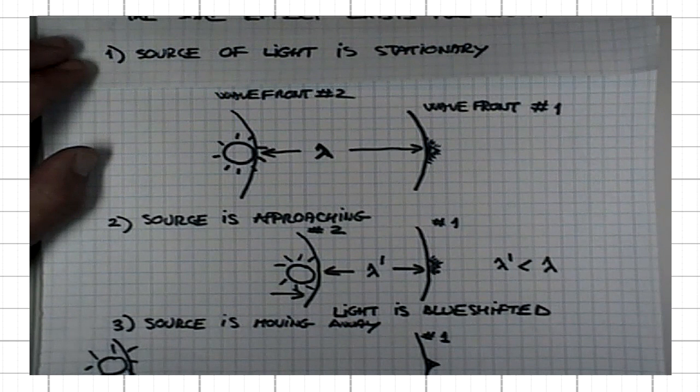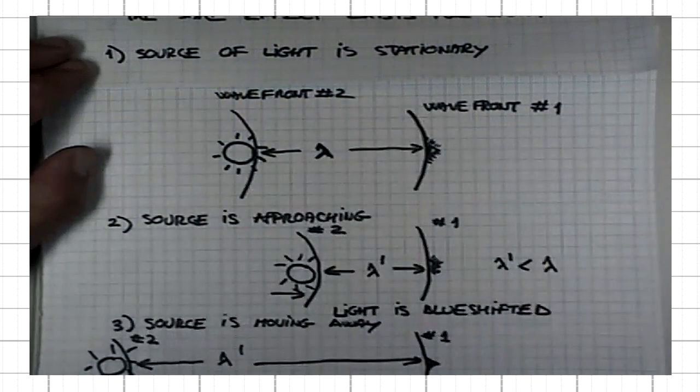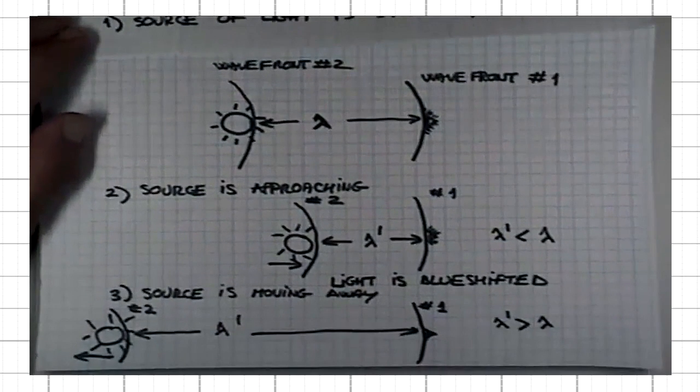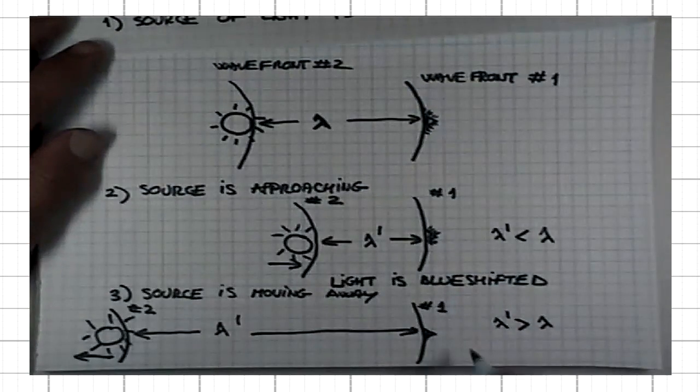And here is the location of the source when the wavefront number 2 leaves it, and now you perceive a longer wavelength than when the source was stationary. So now you have that perceived wavelength is longer than the one that you would detect from a stationary source. And in this case, we say that the light is redshifted because the perceived wavelength is longer than the one that you would detect if the source was not moving relative to you.